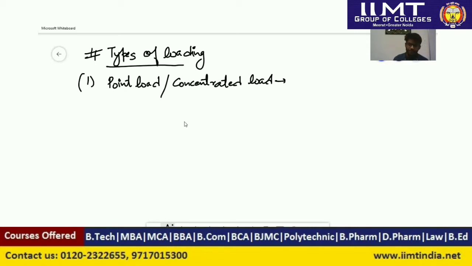It can be shown in a figure. Suppose I am taking a simply supported beam with one end hinged and the other end supported on a roller support. This is beam AB, and it is a simply supported beam. Now a load P1 is acting on it, and another load P2.